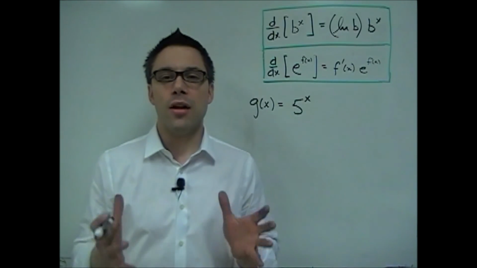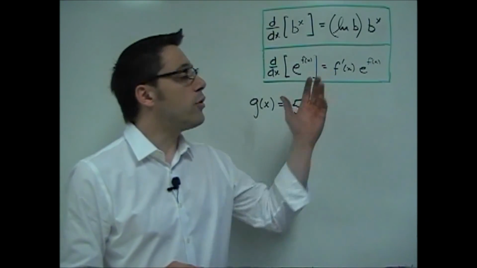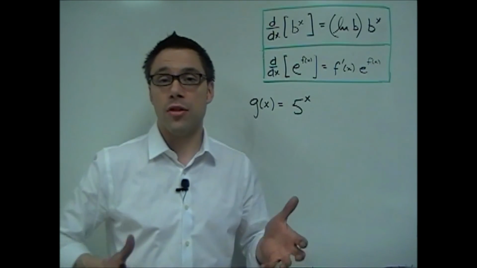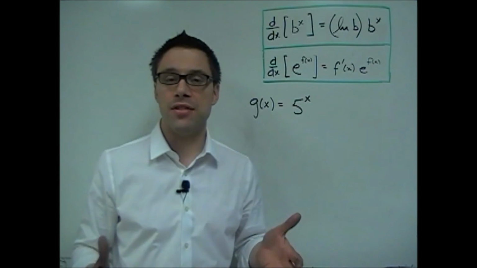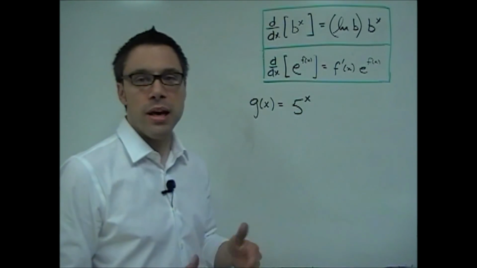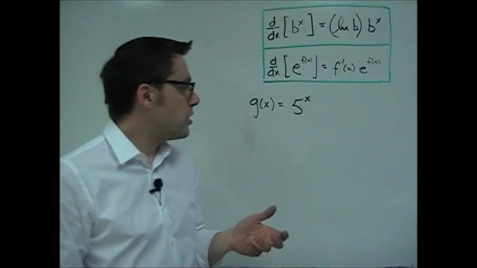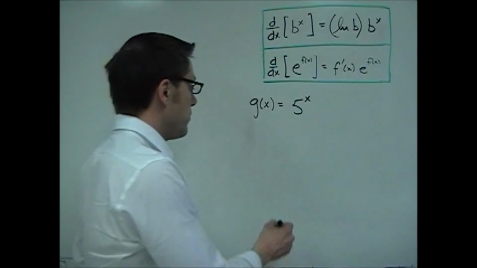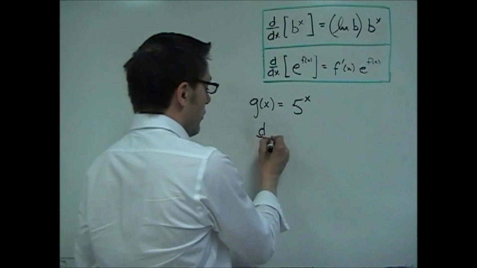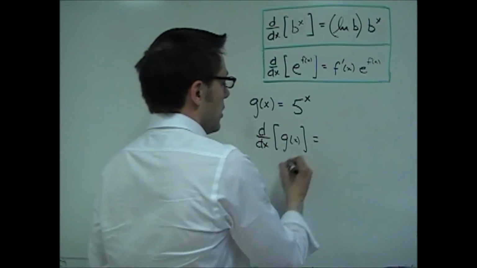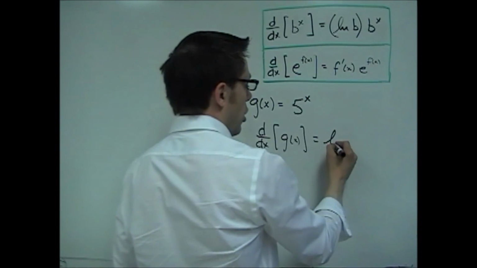So now I've written both rules down in green boxes here. We got the second one really by knowing the derivative of exponential base e. And now let's do an example. What if we have an exponential base something other than e? How about 5? Here g of x is equal to 5 to the x. Let's differentiate g. According to my rule, the derivative with respect to x of g of x is going to be log of my base.